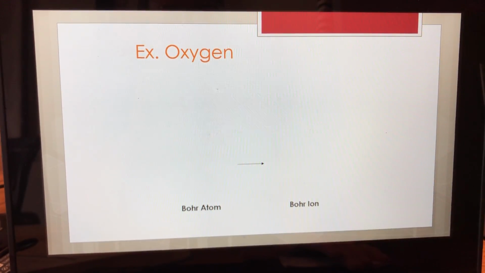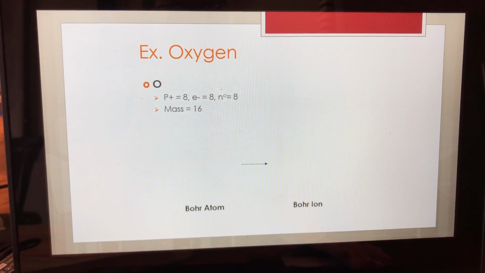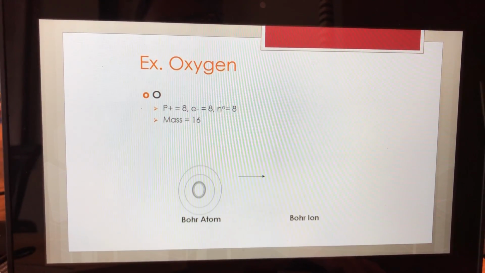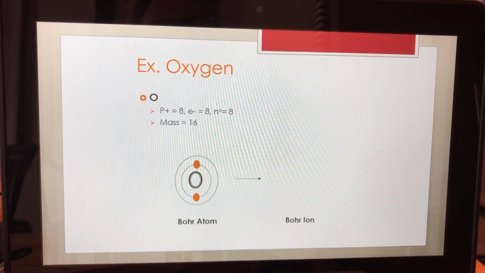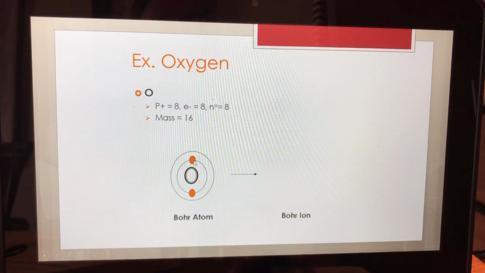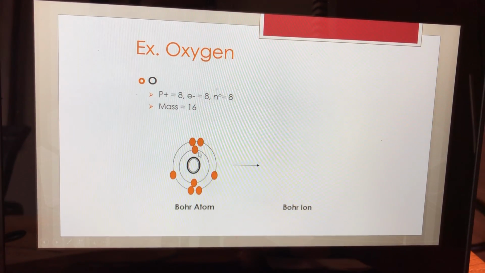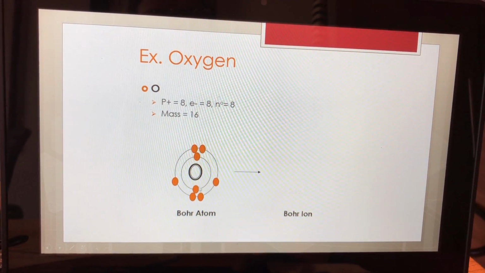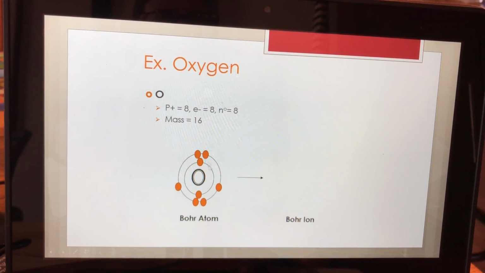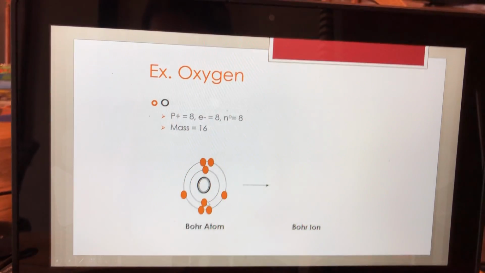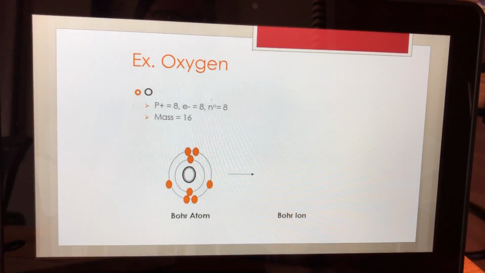Okay, let's do oxygen. Oxygen has 8 protons, 8 electrons, and 8 neutrons, and the mass number is 16. If we had to draw the Bohr-Rutherford diagram, it would have 2 electrons on the first shell and 6 electrons on the second shell. So the outermost shell has 6. How is it going to achieve 8, or a full octet?